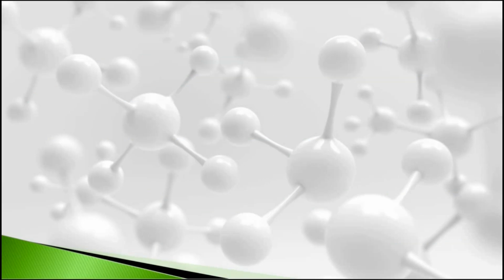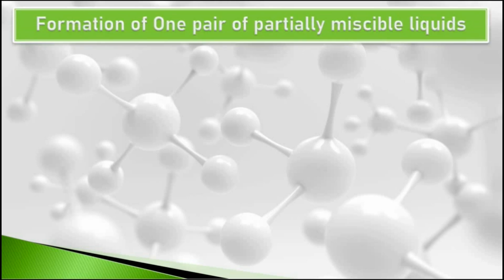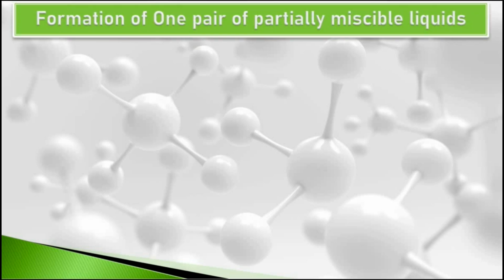So let's start our main topic: the three-component system of liquid-liquid solutions in which one pair of liquids is partially miscible and the third one is miscible in both the components. What is the exact meaning of this topic?